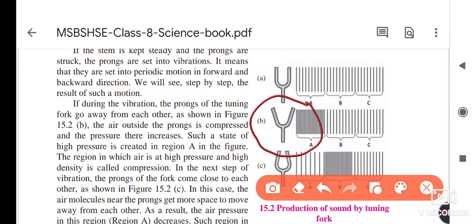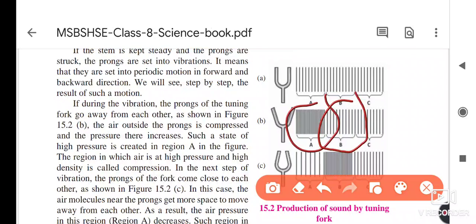In the figure, the region in which the air is at high pressure and high density is called compression. Here we have the regions A, B and C. Okay.